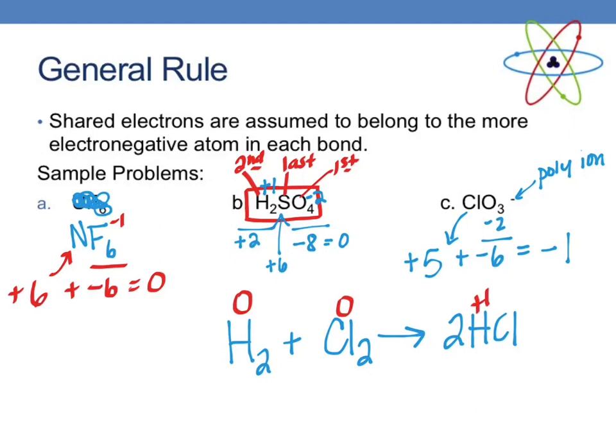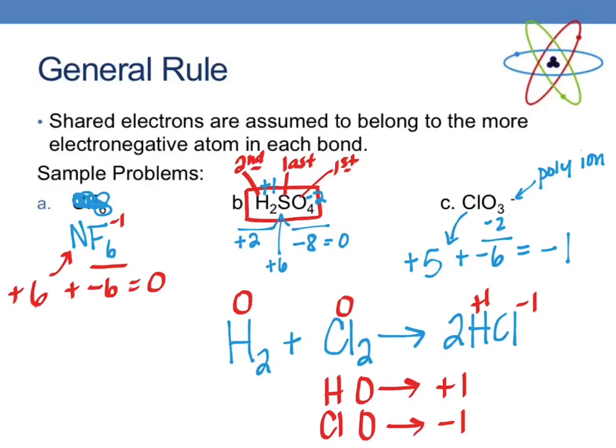Plus 1. What is chlorine's? Minus 1. Hydrogen went from a 0 to what oxidation number? Plus 1. Chlorine went from a 0 to negative 1. I don't care about coefficients right now.